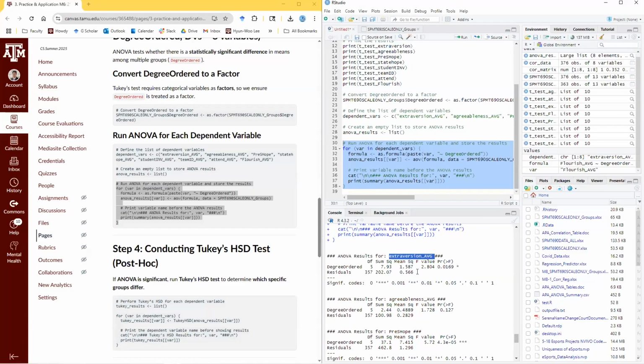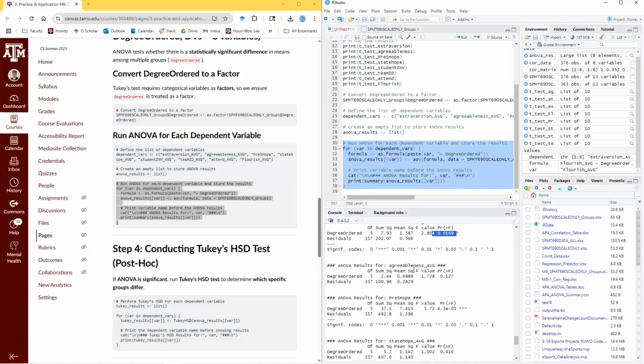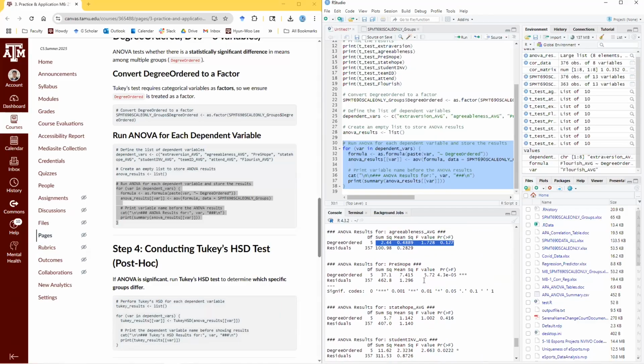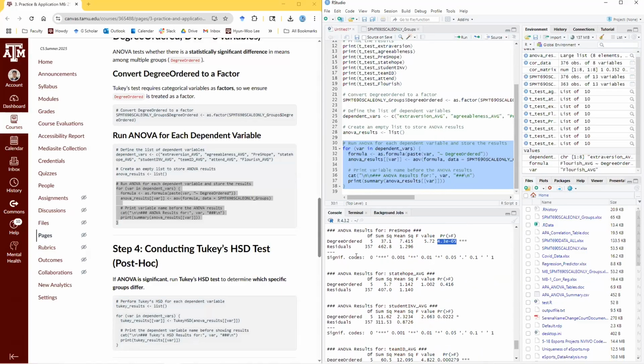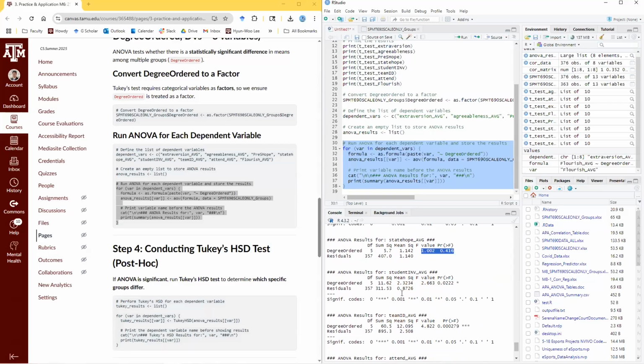So if we look at extroversion, there was a significance among the groups. For agreeableness, we did not have a significant mean difference within the 6 degree levels. Preseason hope had a pretty high significance, showing the p-value had a lot of decimal points. And state hope, we did not have a significant difference among the groups.